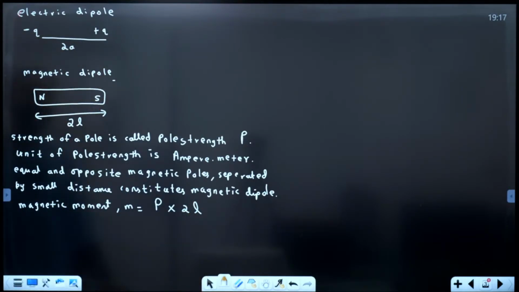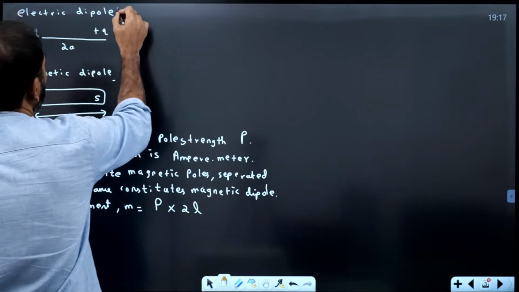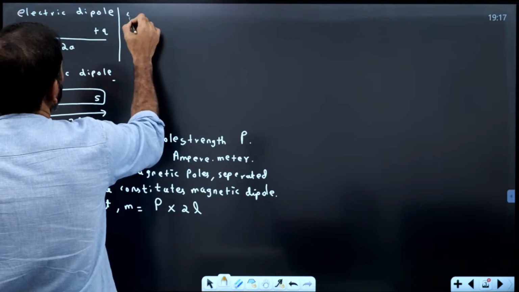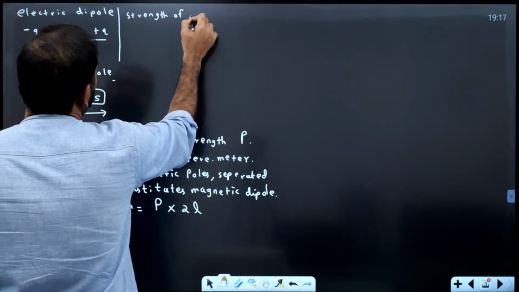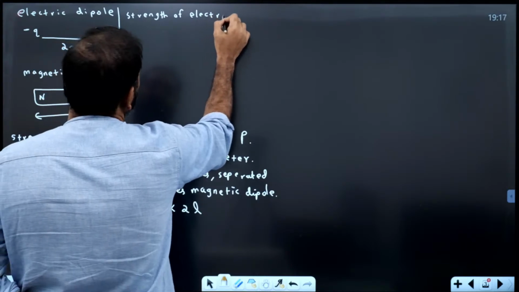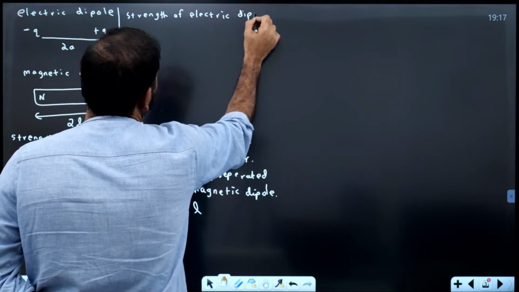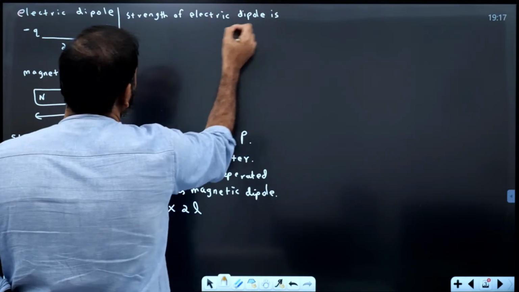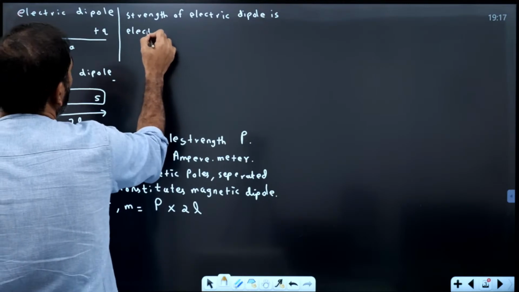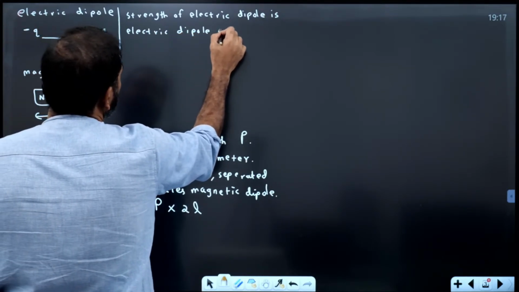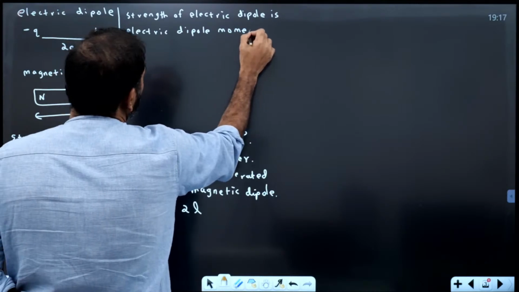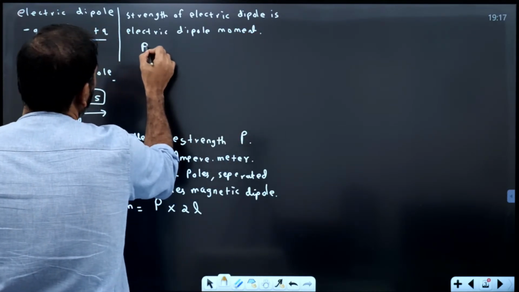Remember, in the electric case, the strength of the electric dipole is the electric dipole moment denoted by the letter P. P is equal to what?